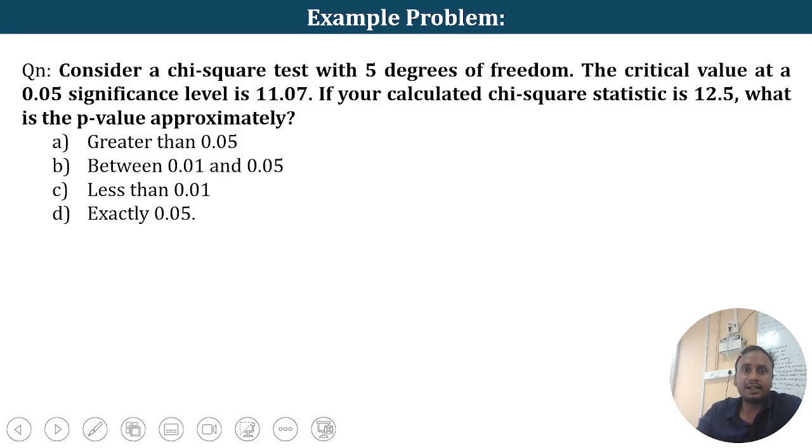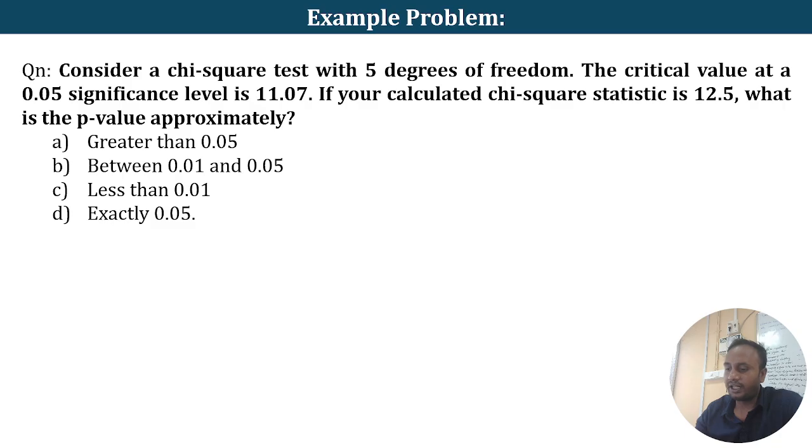Now consider a chi-square test with 5 degrees of freedom. The critical value at 0.05 significance level is 11.07. If the calculated one is 12.05, what is the p value approximately? Can anyone tell?